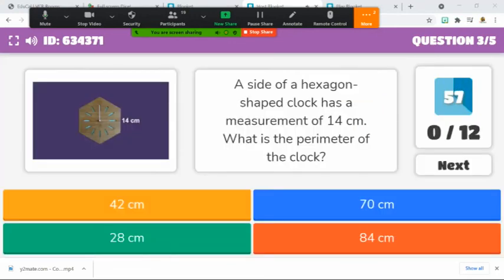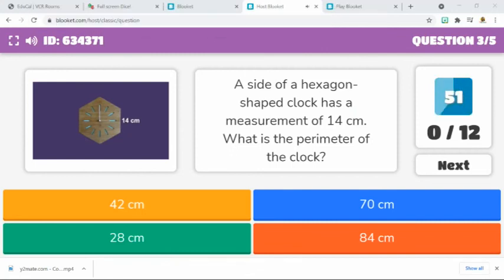A side of a hexagon-shaped block has a measurement of 14 centimeters. What is the perimeter of the block? Quickly, class.